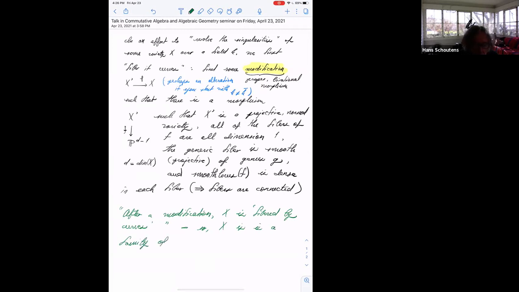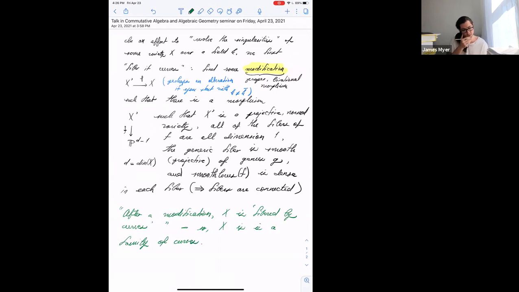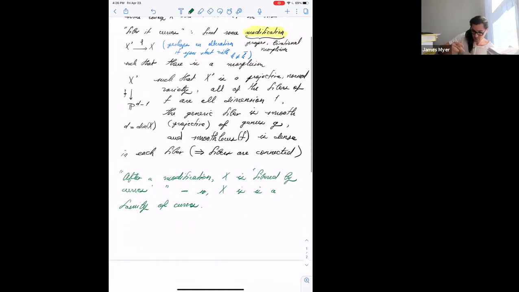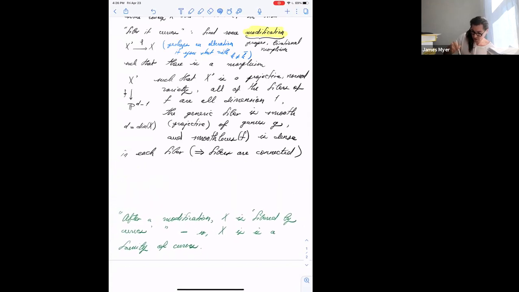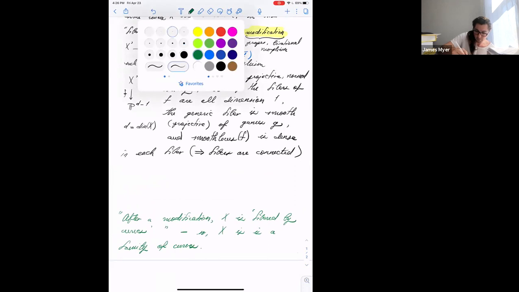Well, what's the geometric reason they're connected? So you take this thing called the Stein factorization, which, so I'll draw a cartoon in some sense, which actually I kind of learned from you. I don't know if you remember, this was a while ago.